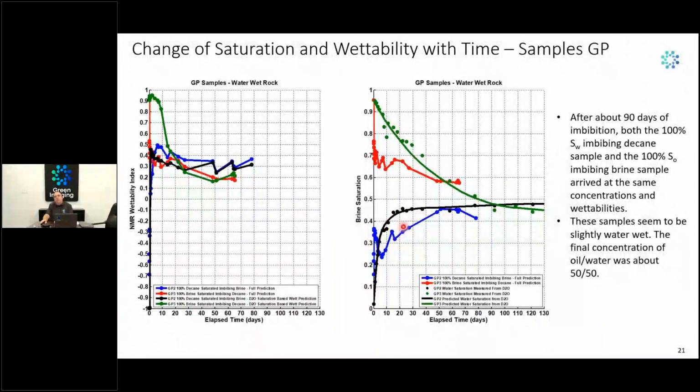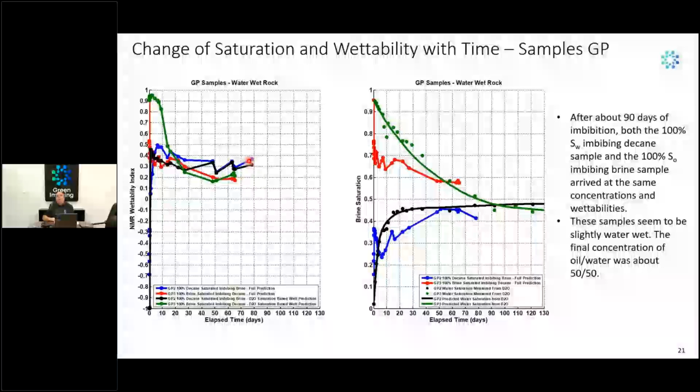I have an explanation for those, which I'll get to in a minute. But again, this shows that even if there is some discrepancy and you go back and fix the saturation at the known saturation, eventually you'll get a wettability consistent with the pure model number.